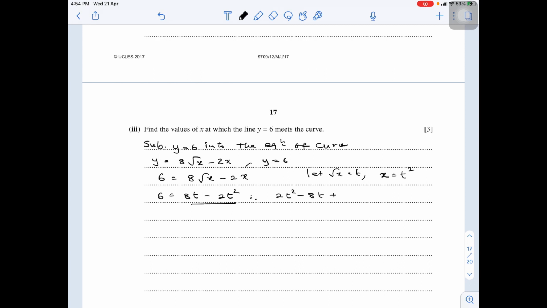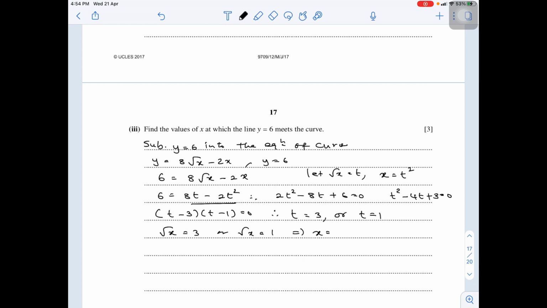I can change it into the form, sending everything to the other side: 2t squared minus 8t plus 6 equals 0. Divide by 2 throughout: t squared minus 4t plus 3 equals 0. The factors of this equation are t minus 3 and t minus 1 equals 0. So t is 3 or t is 1.